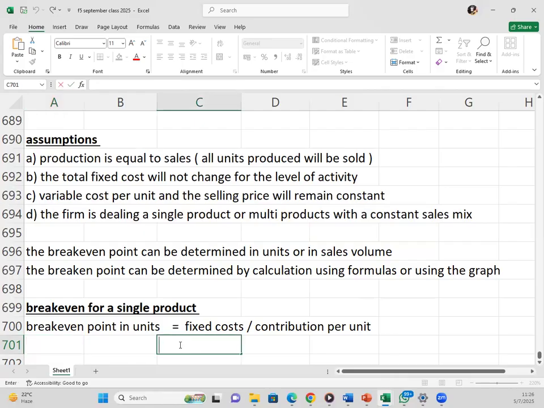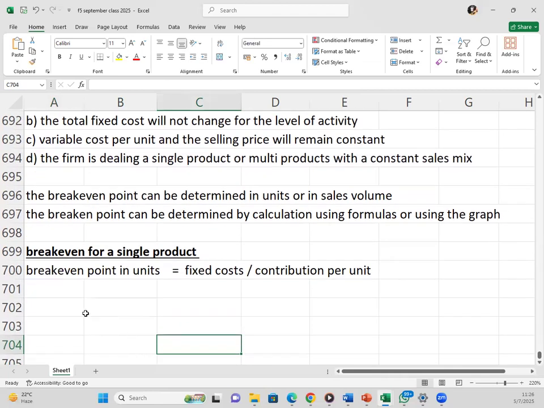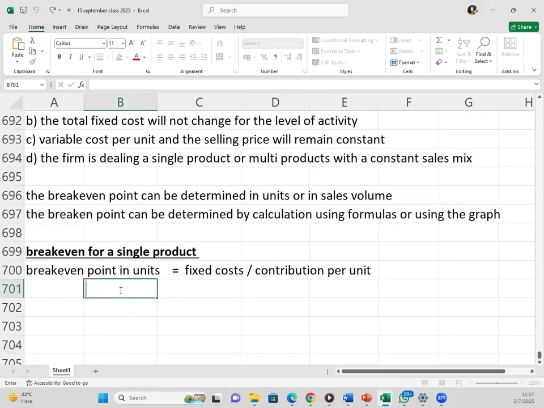Then the contribution per unit might not be given, so it's assumed you know this one. To determine the contribution per unit, the contribution is the profit before taking into account the fixed cost.